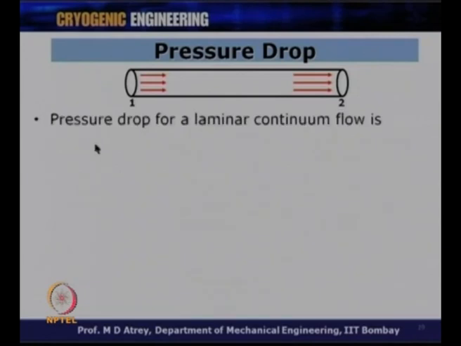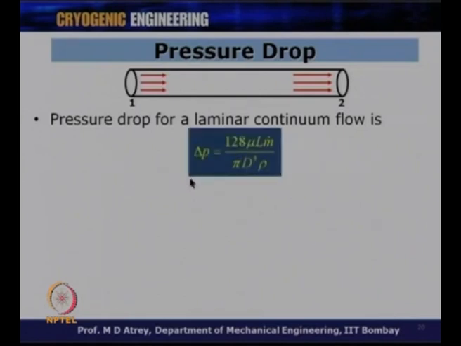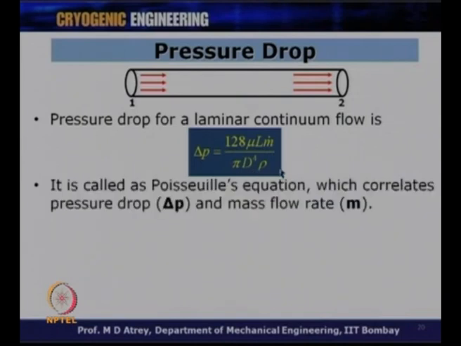So, the pressure drop for a laminar continuum flow, where Reynolds number is less than around 2300, is given by a very standard equation: delta P is equal to 128 mu L m dot upon pi d to the power 4 rho. This is called Poiseuille's equation in fluid mechanics, which correlates the pressure drop delta P to the mass flow rate m dot.